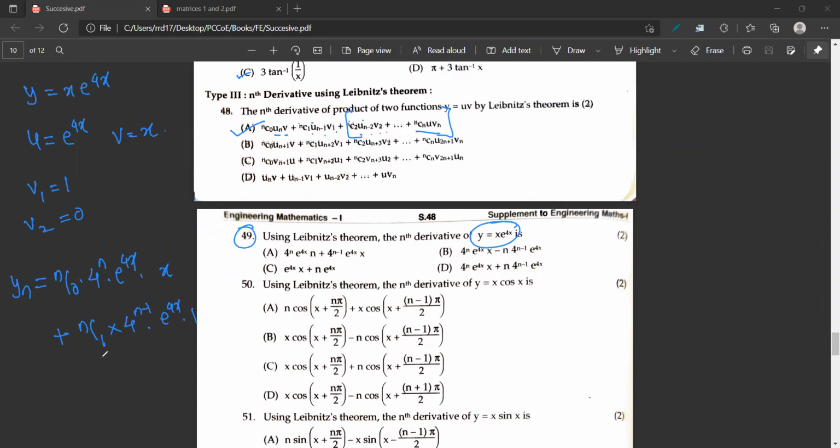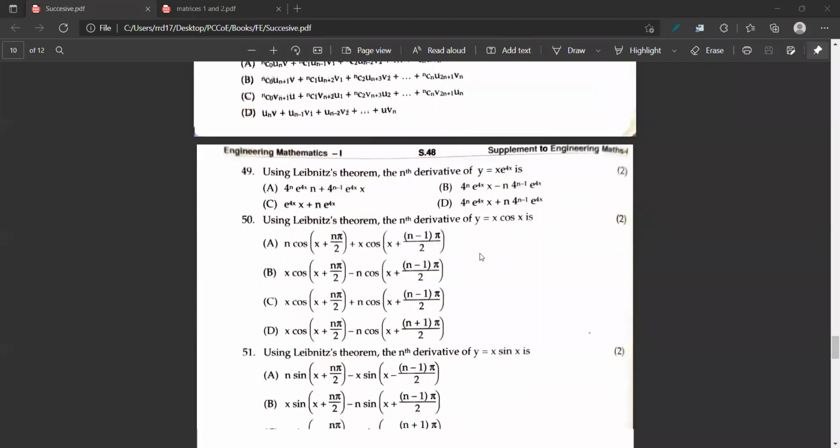Keep in mind, nC1 is always equal to n. And nC0 is just 1. So what is the answer for this question? Option D. Fine. So this is how you can apply the Leibniz theorem.